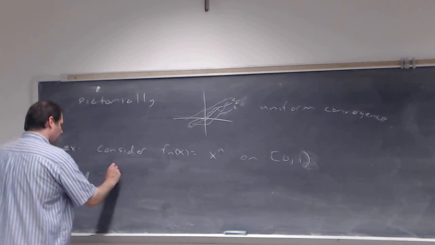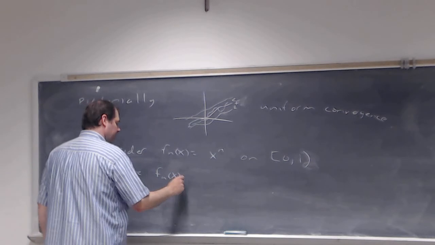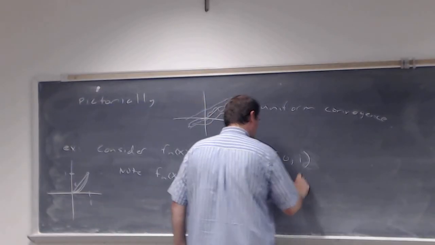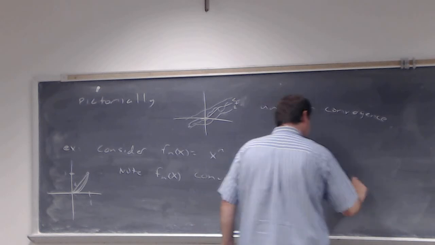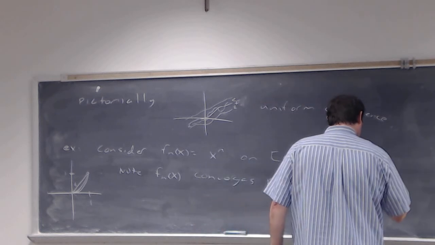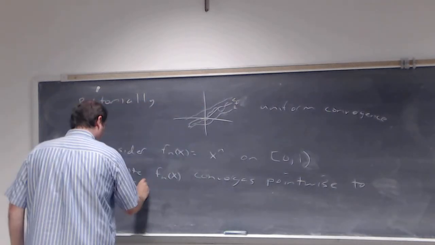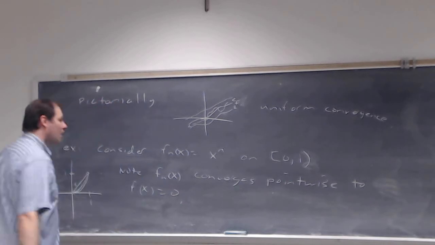Now, we note f sub n of x converges pointwise to f of x equal to 0.